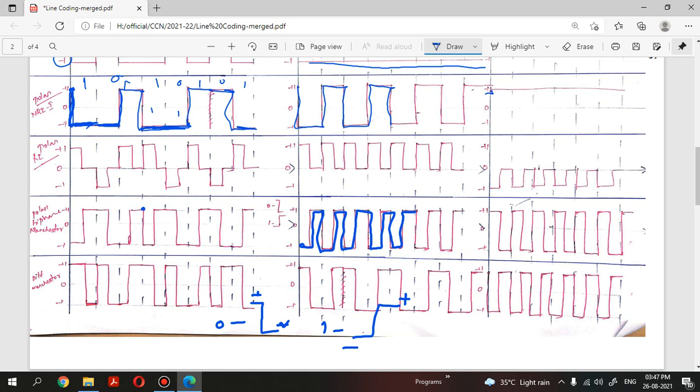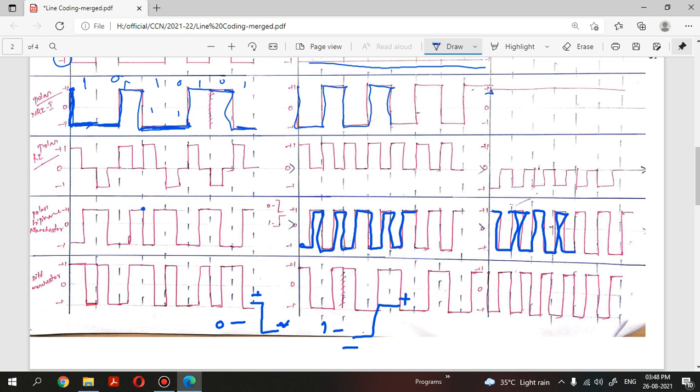And the same is done at consistent zeros also, right? Look at, I'll start from positive, and this is the graph pattern for 0. I need to make an inversion from negative to positive to proceed for next 0. So this inversion needs to be done for every single signal element, and each time I need to go to the positive voltage to proceed further for the next 0, right?